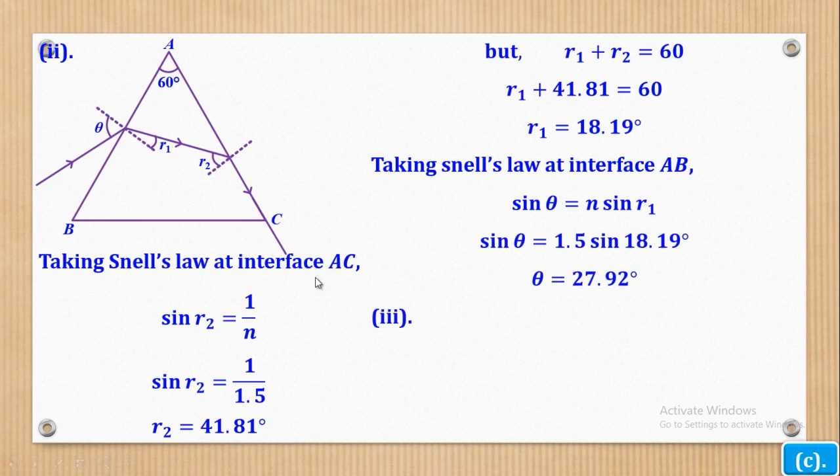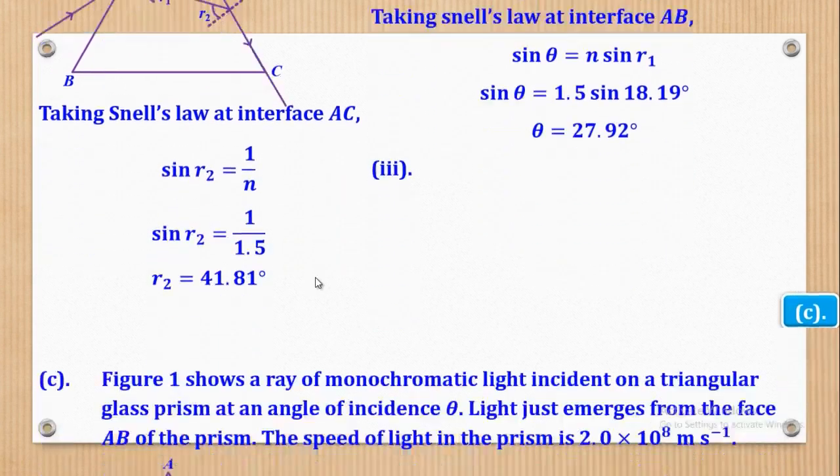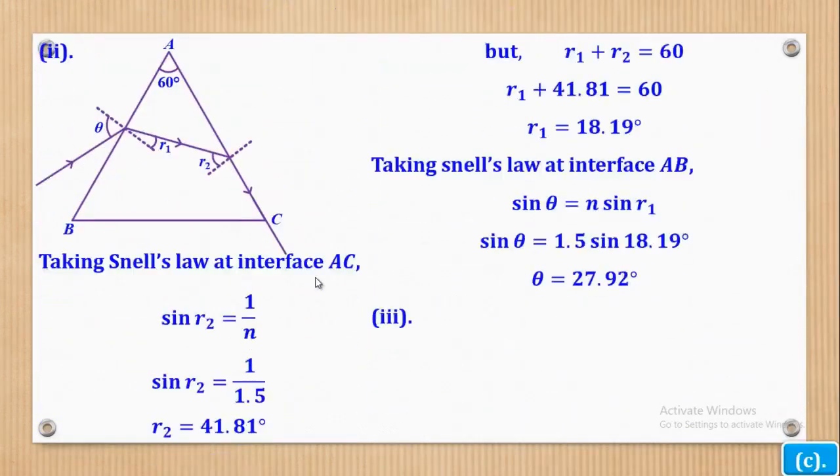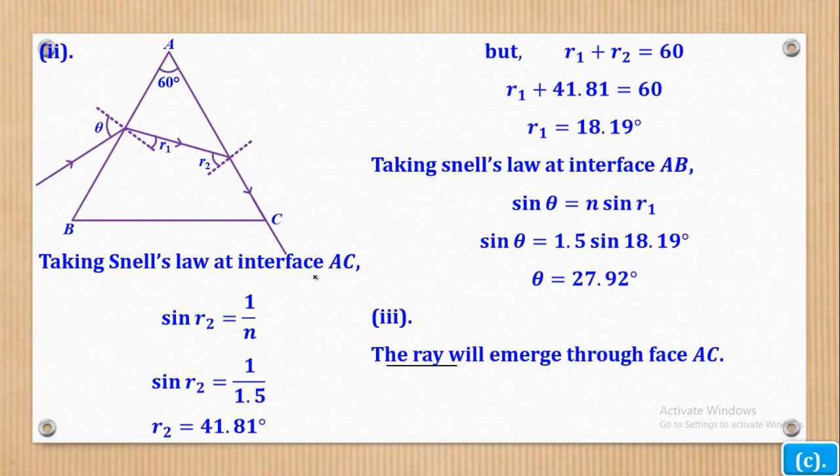Now we shall go to Roman 3. Roman 3 says, explain what happens when the angle of incidence is greater than theta. So we shall say that the ray will emerge through surface AC when the angle of incidence is greater than theta.